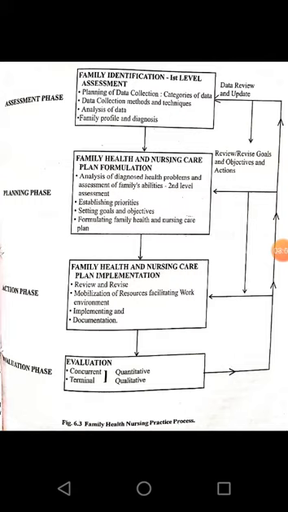There may be some already diagnosed problems. Along with that, assessment of family's ability also. What is the family ability to cope up with that particular condition? And establishing priorities. What are the family problems? What are the individual problems? Which should be given more priority? Then we will be setting the goals and objectives. Then formulating the family health and nursing care plan.